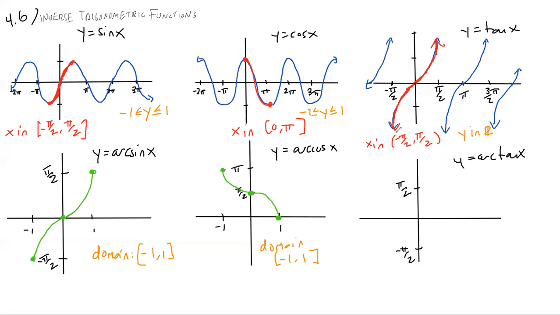So it actually goes all the way down to -infinity up to +infinity. So it hits all real numbers. And so when we flip this one around, we're going to get a vertical asymptote. Sorry, not vertical. The vertical asymptotes become horizontal.